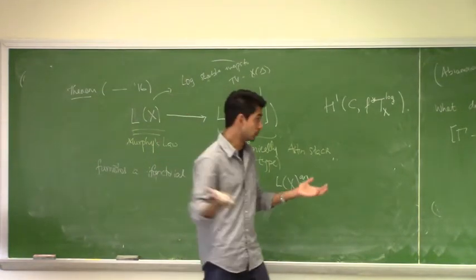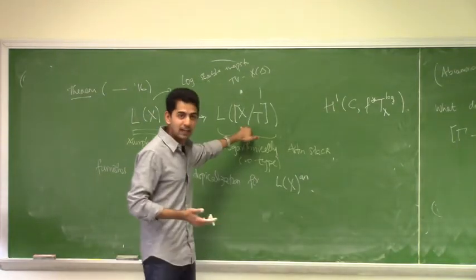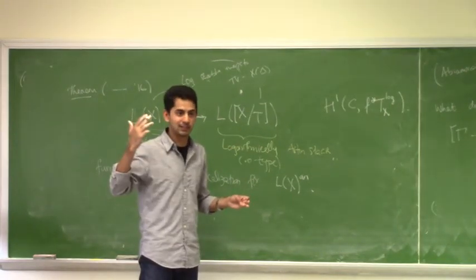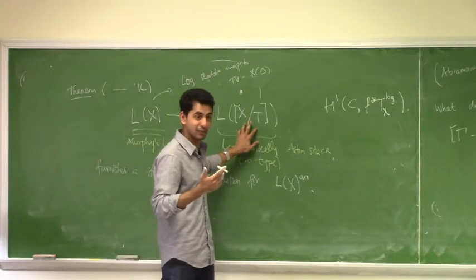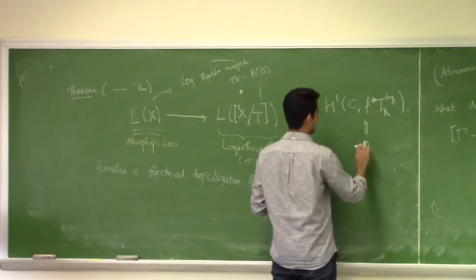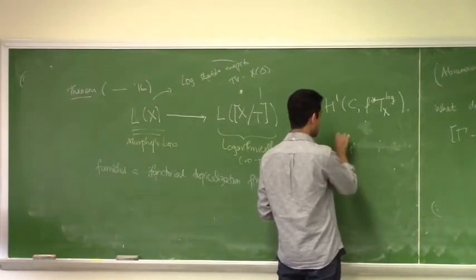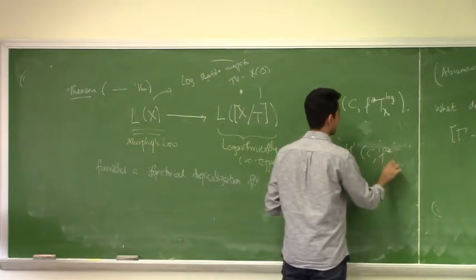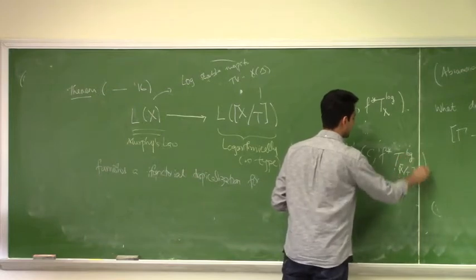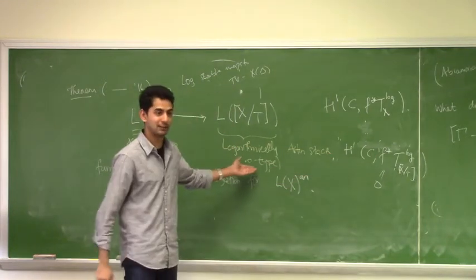It's logarithmically smooth. But x mod t behaves like a toric variety of dimension 0. So it's O_X to the dim x, but dim x is 0. So this is a zero-dimensional Artin stack. So this group vanishes, intuitively at least: H1 of C, f star T of x mod t log. The thing is 0 because the sheaf is 0. And so that's why this becomes logarithmically smooth.